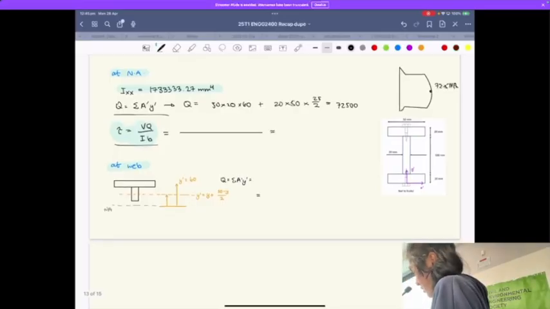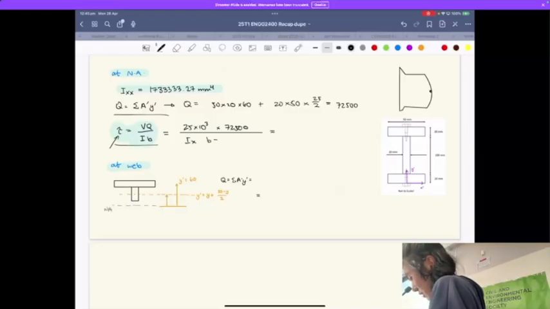Oh no, sorry, that's wrong. That's just the Q. Now your shear stress, which is noted by tau. Tau is VQ over Ib, and it's just plugging in values. So you get 25 times 10^3, which is your max shear, times 72,500, divided by your Ix and your b, which is equal to 20, and you should get something like 52.2836.